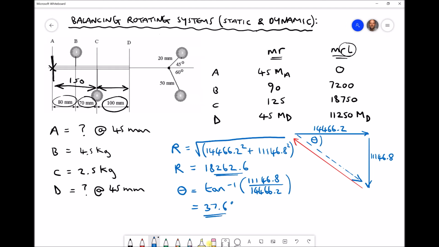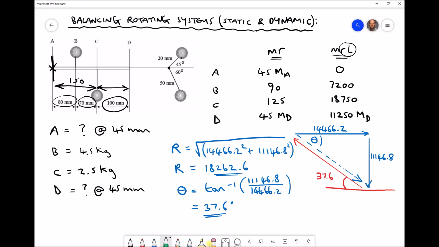Now, if we refer to our diagram, we can see that the angle theta is not being expressed as a bearing. And in actual fact, we want the bearing for the equilibrium. So if I just add to my sketch here a horizontal line, we know that the opposite angle here is going to be the same as theta, 37.6.